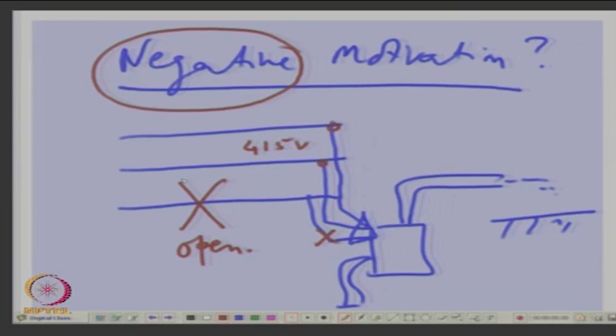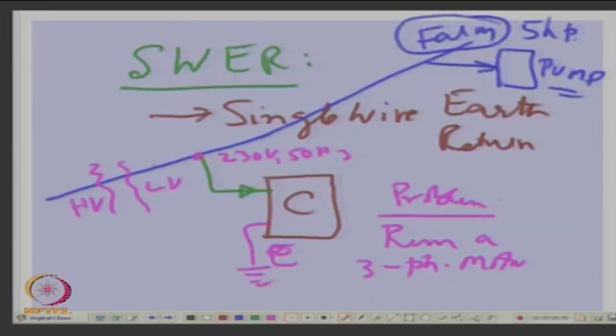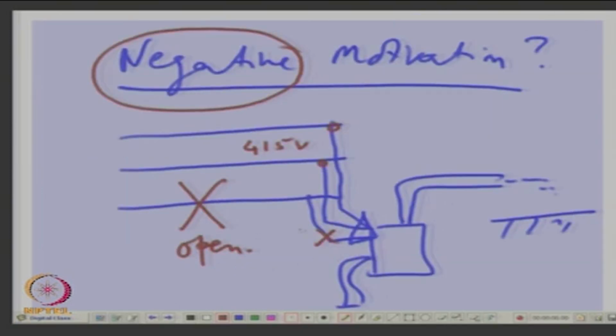But there is one difference between the two systems. See what I told earlier, this is at 230 volts, 50 hertz, and this one is at 415 volts, 50 hertz. So, there is a difference. The line to line voltage will be different from the positive motivation to the negative motivation. Now, what is the method that you can have?